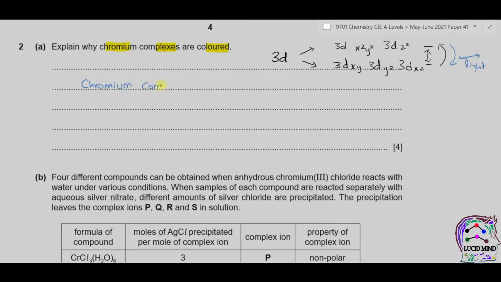Chromium complexes are colored because of splitting of d orbitals. Now what happens when the d orbital is split is that the electrons get promoted to a higher energy orbital.